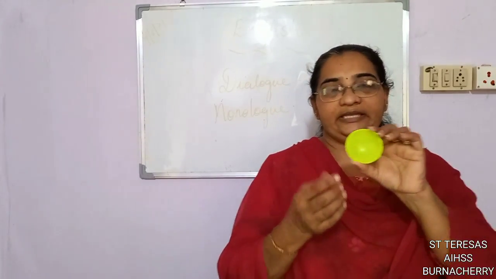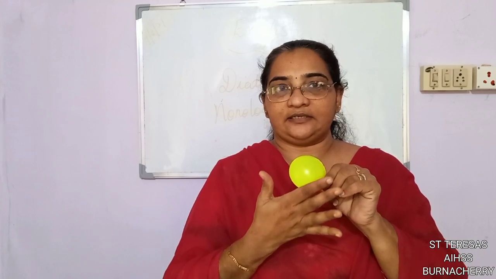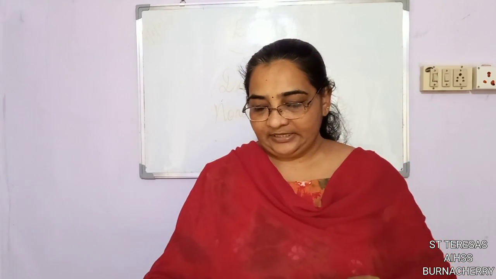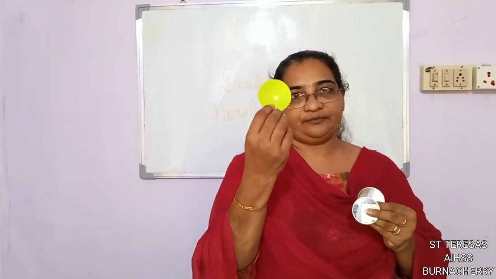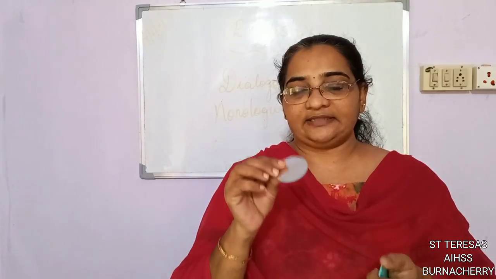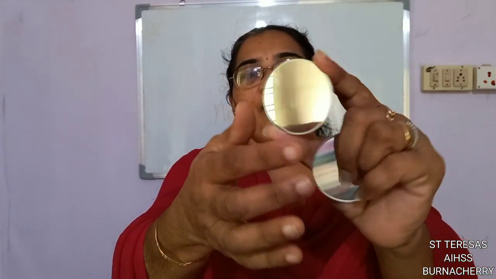Now, the inside part of this is curved inward, and if you turn it, this part is curved outward. Now we have mirrors similar to this. I have two mirrors with me similar to this ball, a part of a ball. So if I take this mirror, it is curved outside.